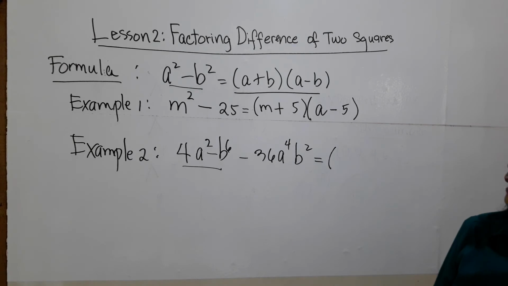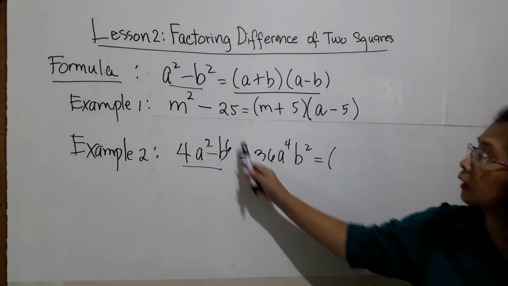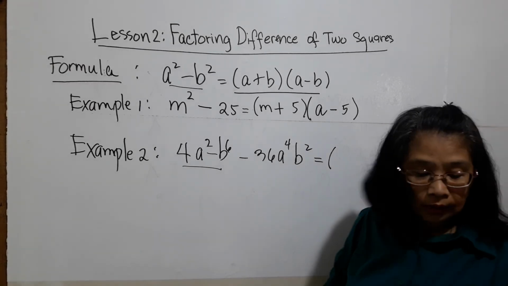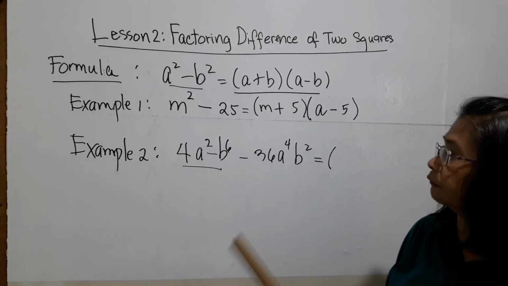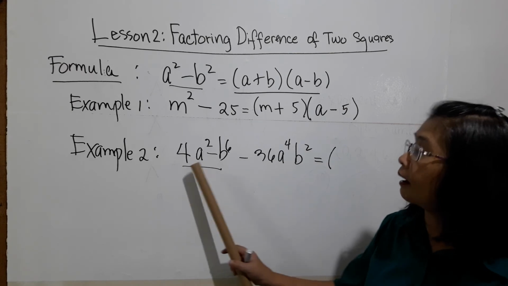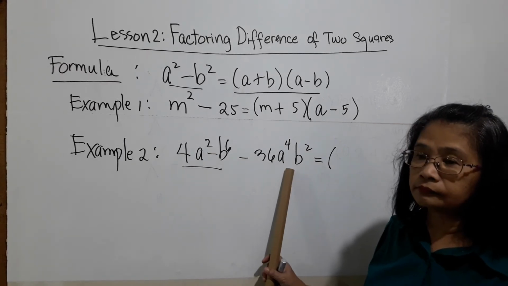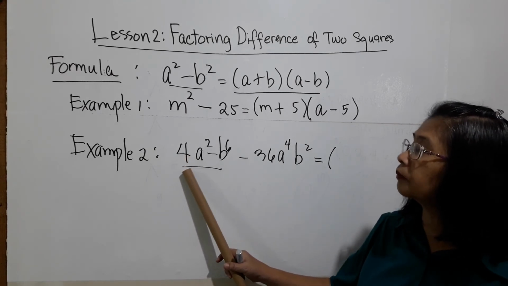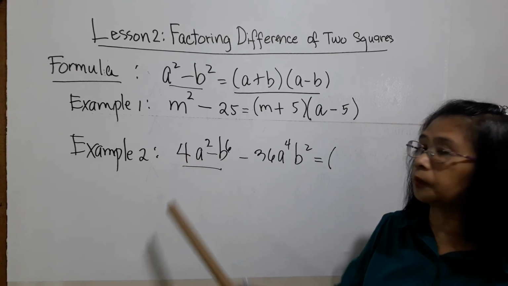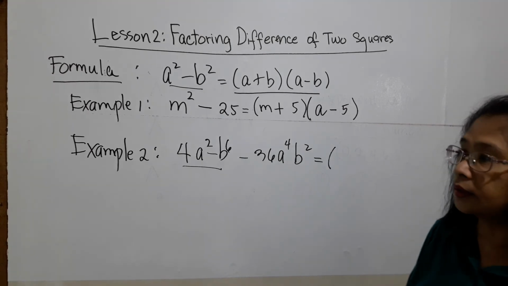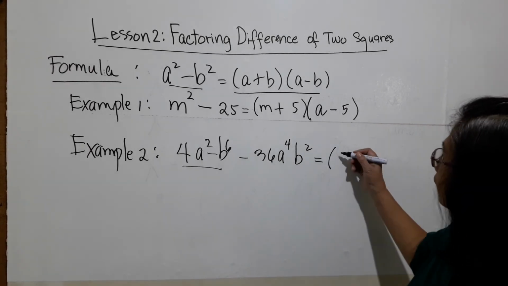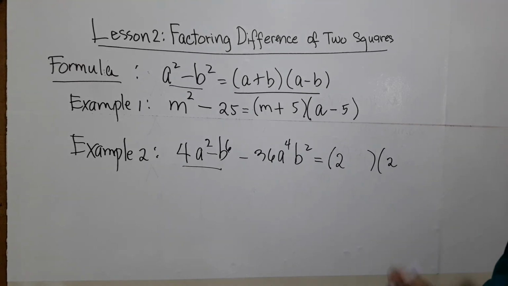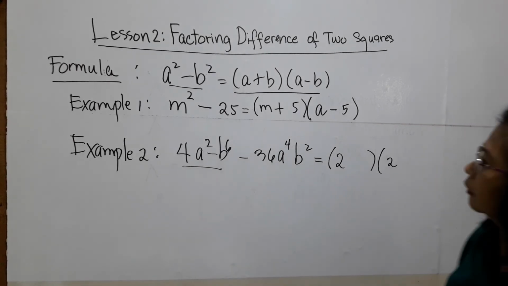But before we do that, determine first if the given terms are perfect squares. Look at the numerical coefficients 4 and 36. Are they perfect squares? Yes, because what number multiplied to itself will give you 4? It is 2 and 2. 2 times 2 will give you 4.